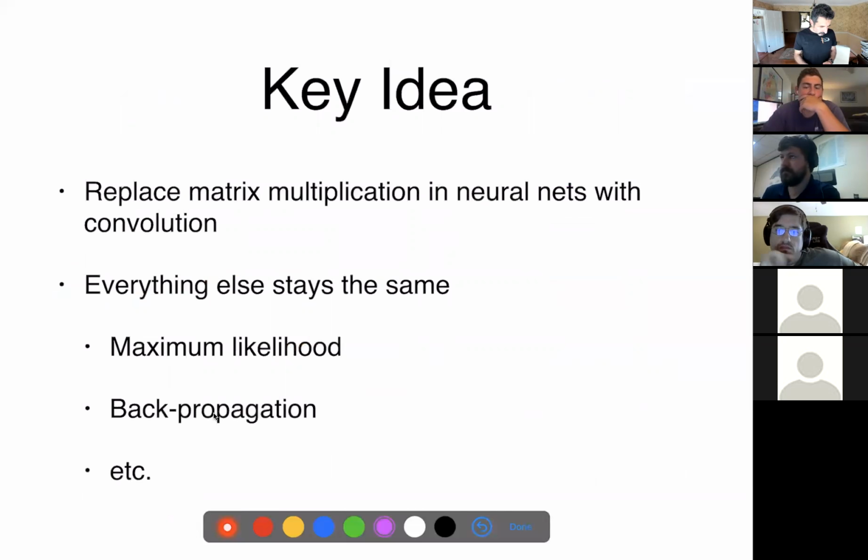So the idea we want to introduce here is convolution as a new operator.